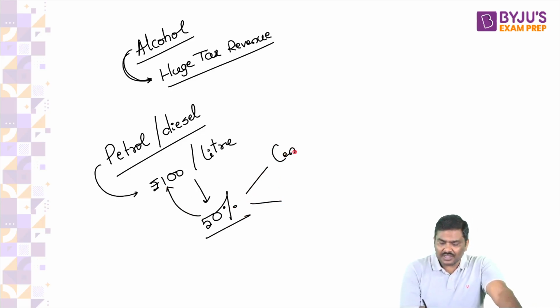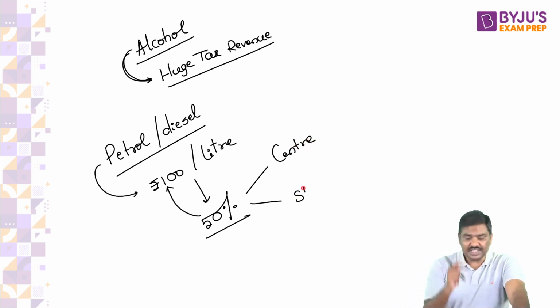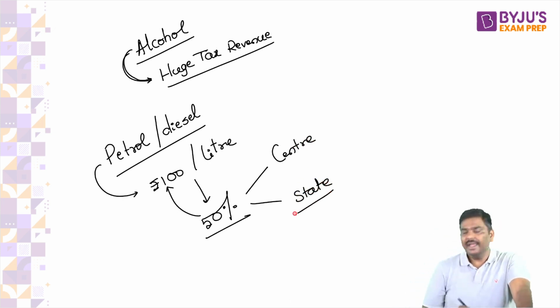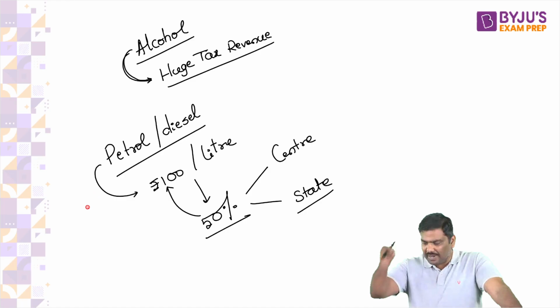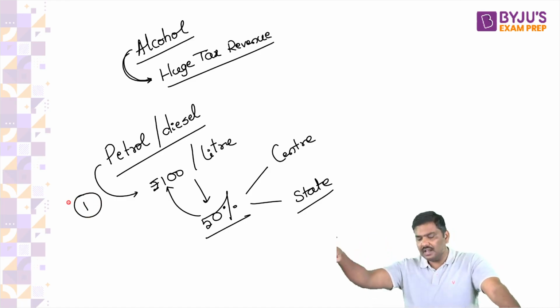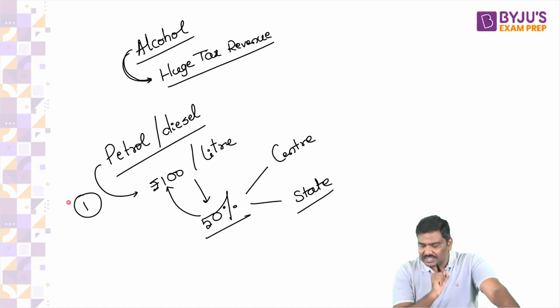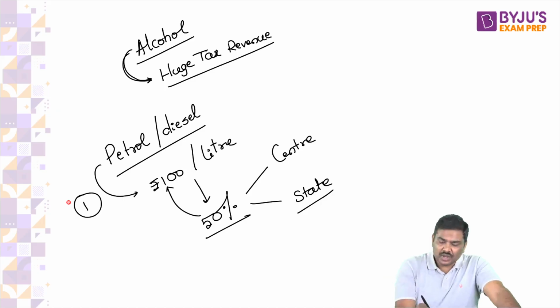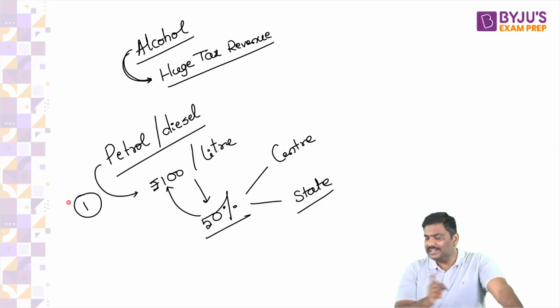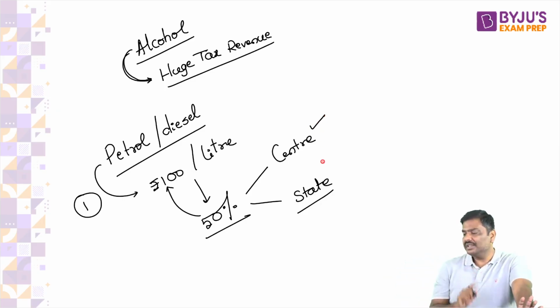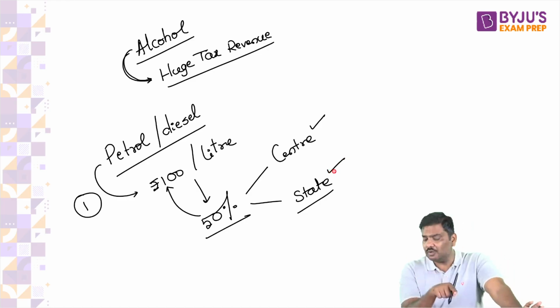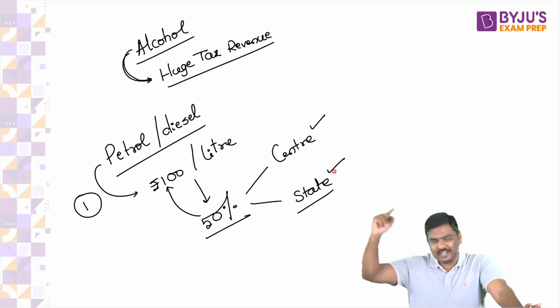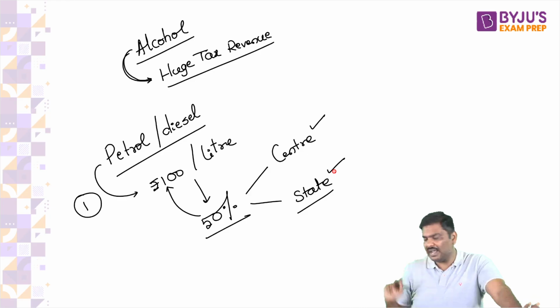Any difficulty understanding this statement? That is more than 50 rupees out of 100 rupees, in the form of central government tax plus state government taxes.